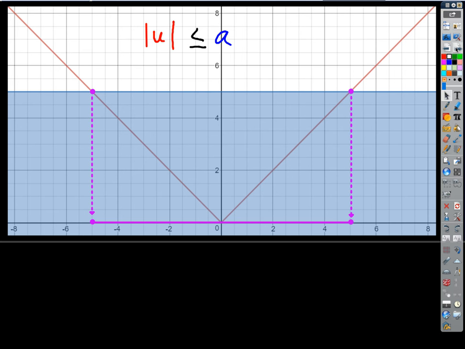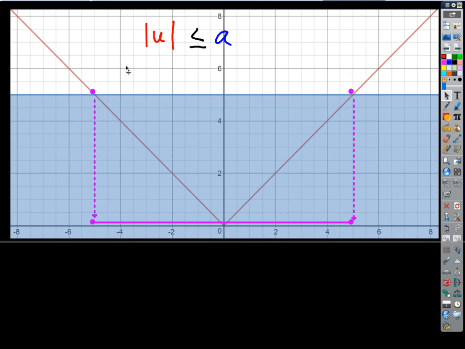We can look at the picture, and that helps us understand what's going on here, right? So once again, we want to know where's the intersection of the graph y equals absolute value of u, which is the V, right?